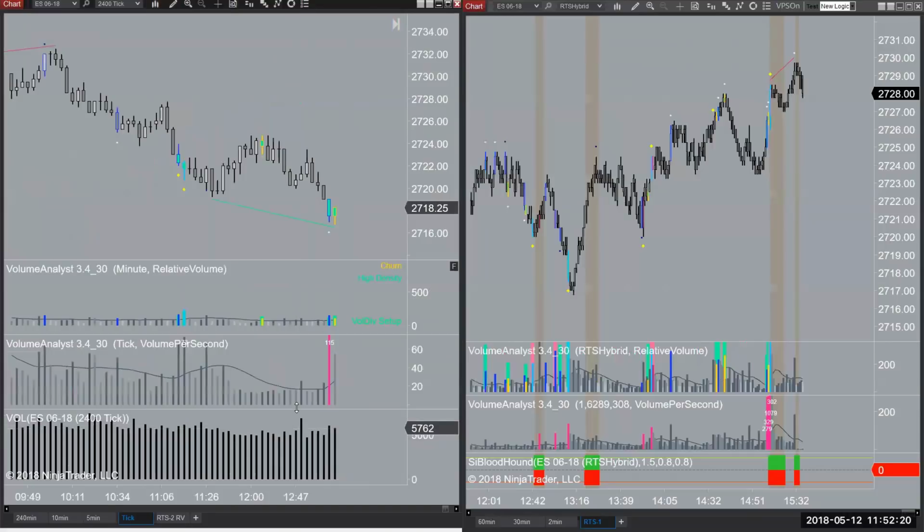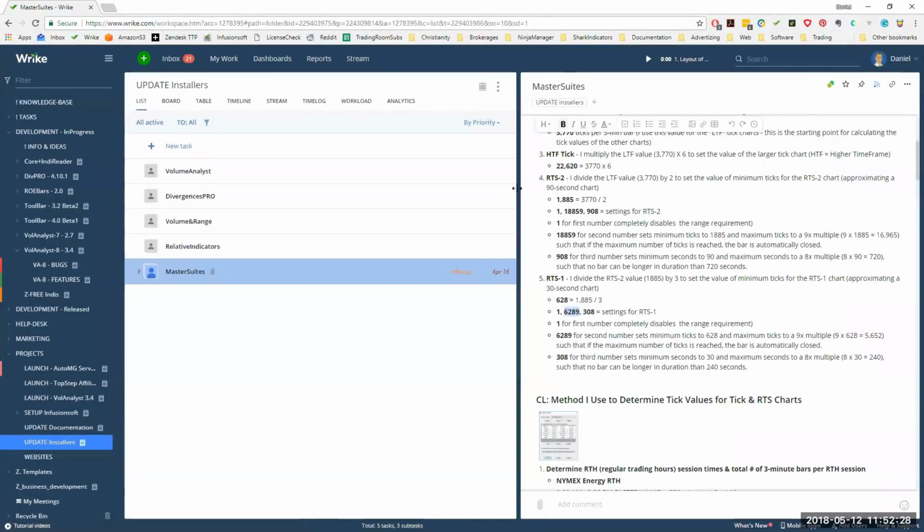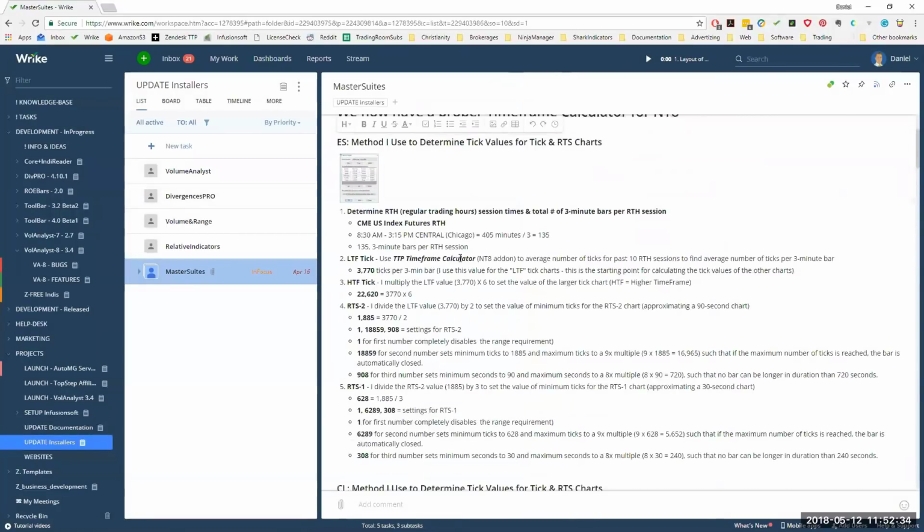What I do here is really start with the tick chart. Let me just show you my method. This is obviously all done through an add-on now, programmatically, but what I'm doing is identifying the total number of ticks in the RTH session of each instrument over the past 10 sessions or so.